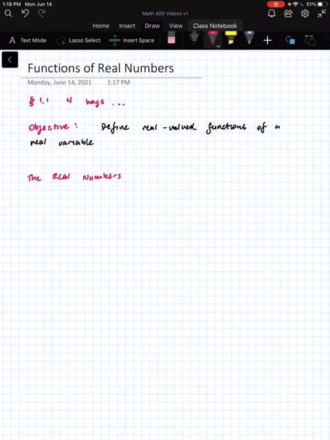And more or less, all this chapter is going to be, in some sense, review. But our top level view here is that we're talking about all numbers with decimal representation that fit on the real number line.